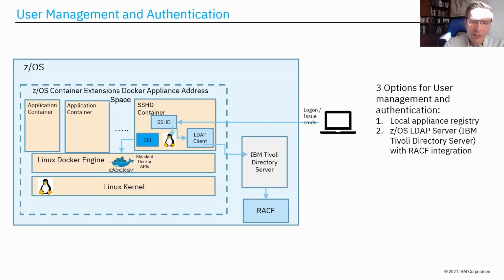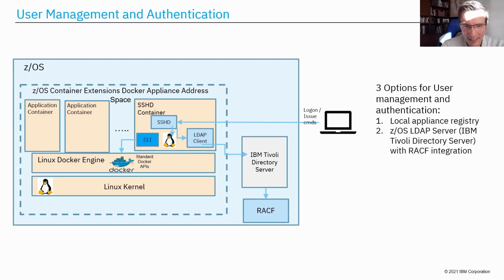Once you're a little more comfortable with that, with ZCX, you may want to consider using LDAP as your security mechanism. ZCX provides an LDAP client as part of the appliance, and to authenticate folks coming into your ZCX, you can set it up so that LDAP will reach out, and if you have, for example, RACF integration, you can authenticate using standard RACF credentials.